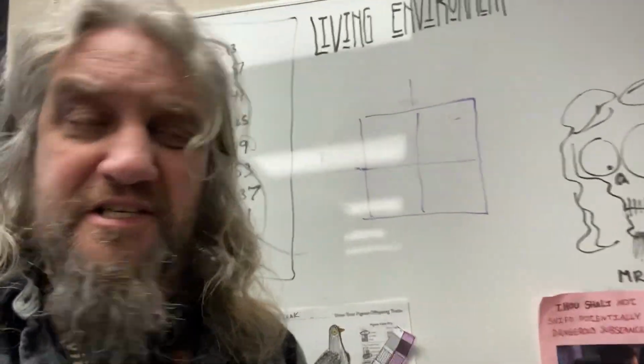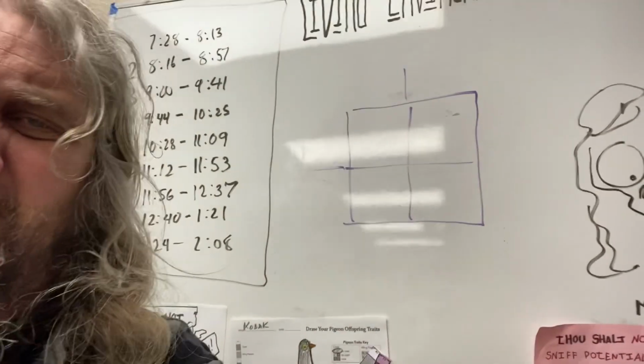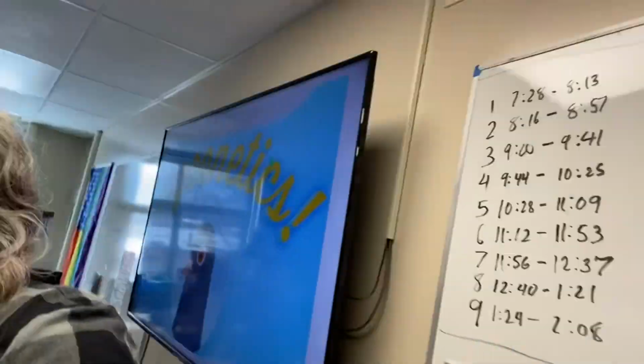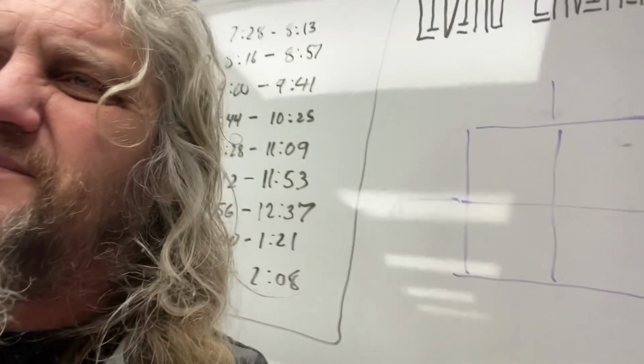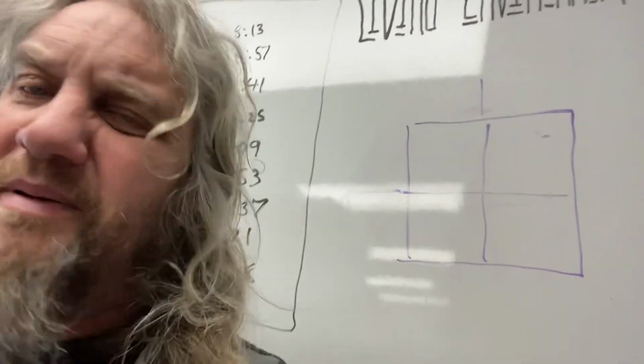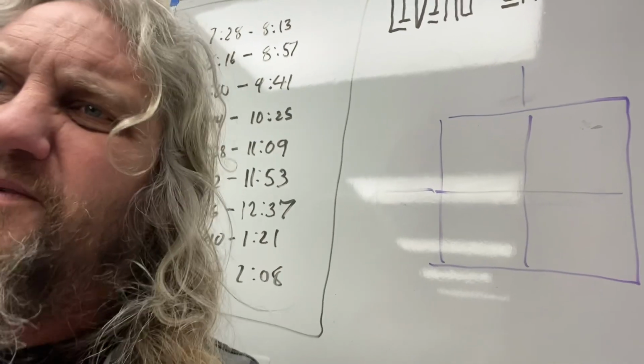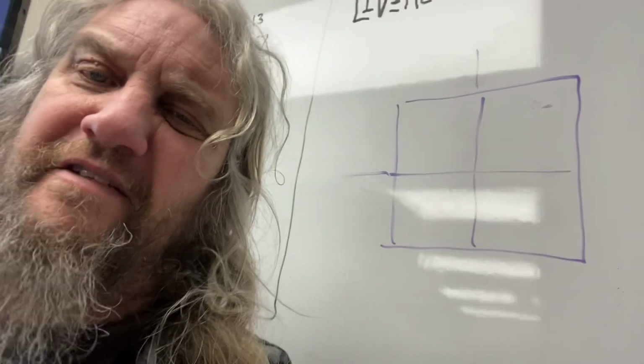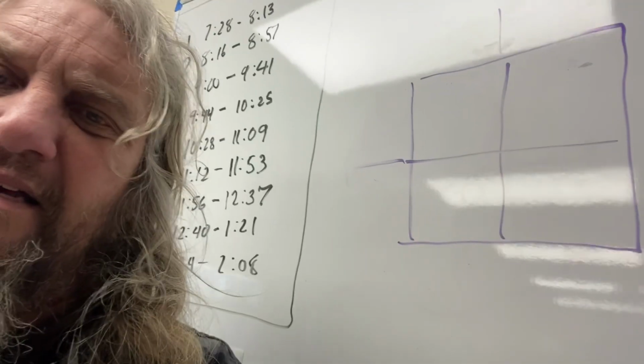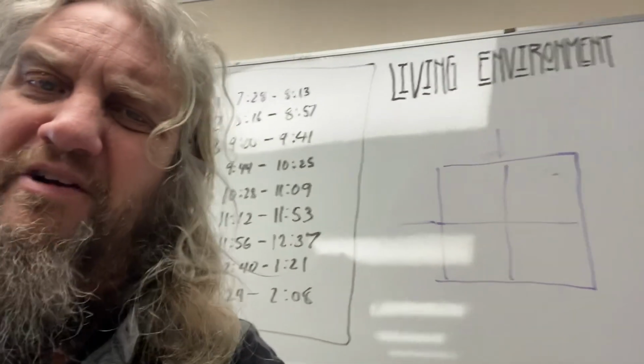The Punnett square is just about making predictions. So here's my Punnett square, and we're gonna make predictions. Yesterday's video was about guinea pigs, and today you'll watch one about peas. But it has to do with making predictions of what the offspring are gonna look like.